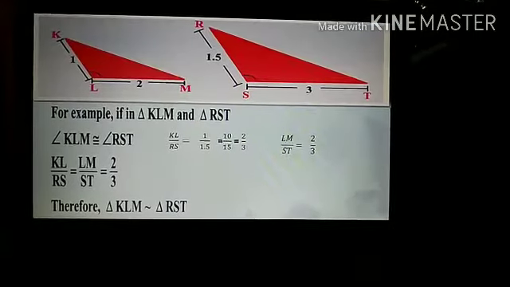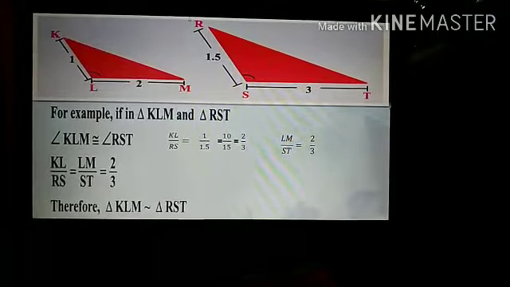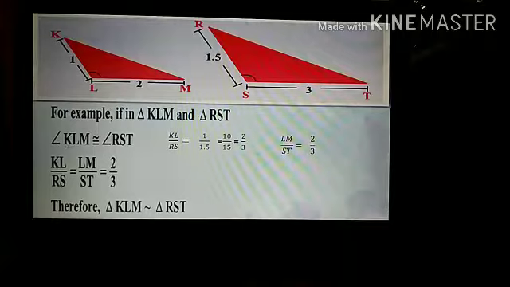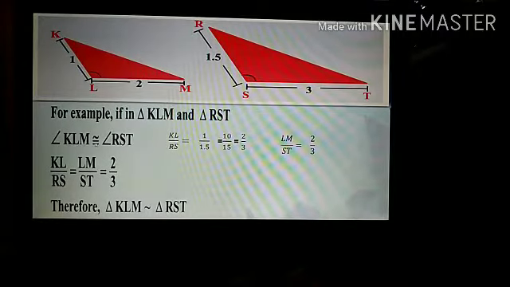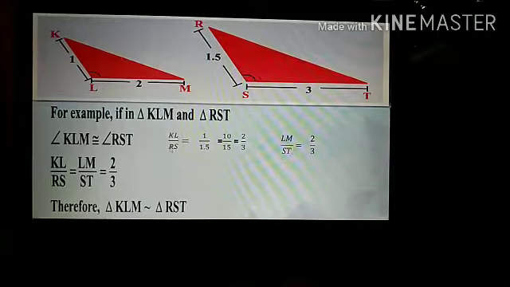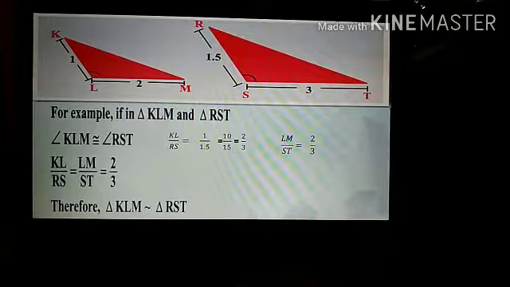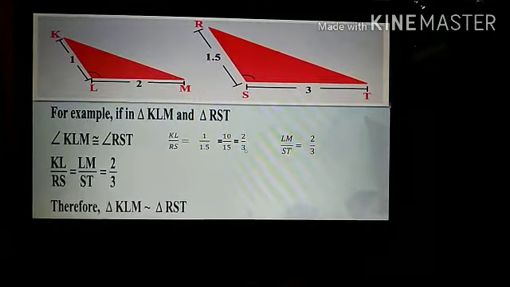As you can see in the example on the screen, we have triangle KLM and triangle RST, where from the figure we can write angle KLM is congruent to angle RST. Then we took the ratio of the sides as KL upon RS is equal to 1 upon 1.5. We reduced the ratio and got 2 upon 3.